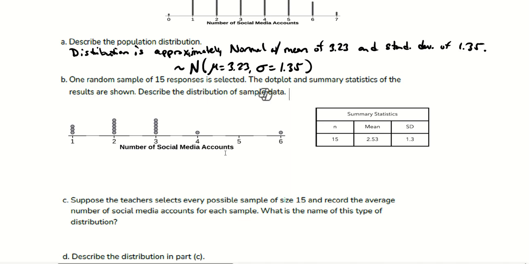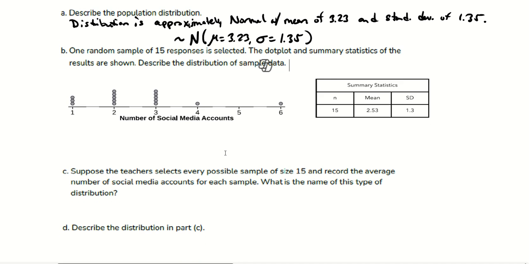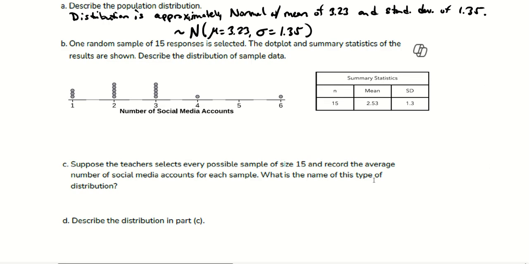All right. One random sample of 15 responses is selected. The dot plot and summary statistics of the results are shown. Describe the distribution of sample data. They give us the mean and standard deviation, but if I look at this, it looks skewed to the right. See that? So definitely skewed to the right.